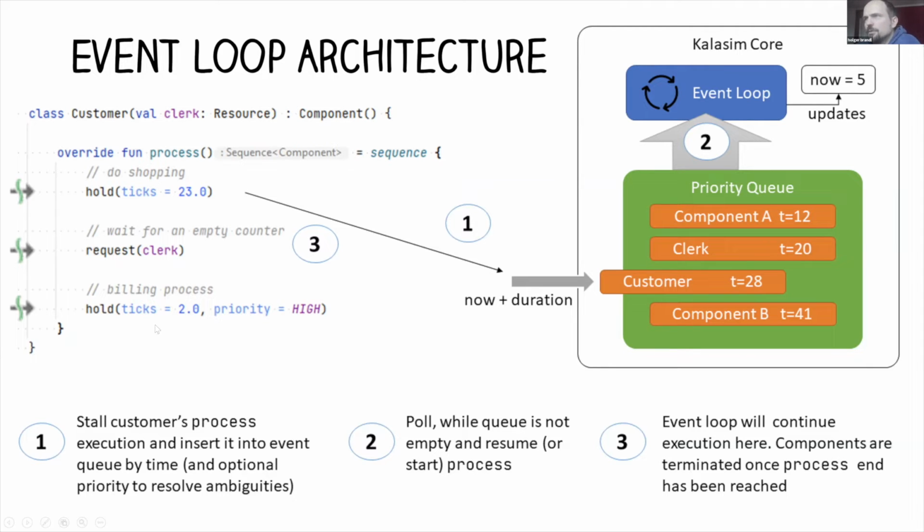So our process may need to wait until the clerk becomes available. In this way, we can very nicely model and continue processes with ease. So we will always suspend execution for hold, request, wait, and some other interactions, and the simulation engine makes sure that these processes are continued whenever their time has come.